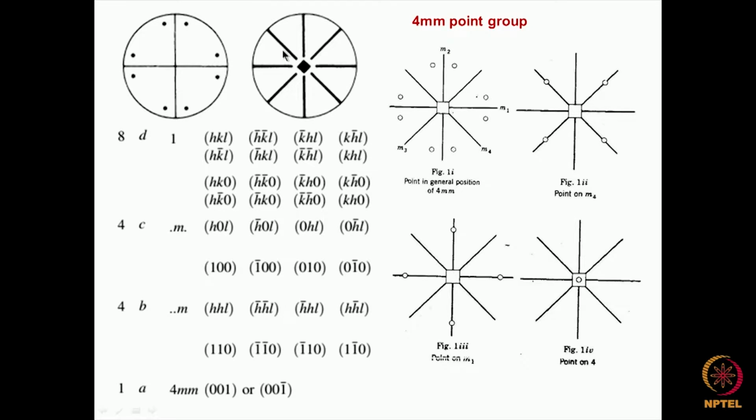So four-fold rotation is represented with a square which is at the center. The mirror is shown as a thick line. So this line represents mirror along y axis, this represents mirror along x axis. And when this has been done, in this direction as well as in this direction, another two additional mirrors have been created. That is exactly what is being shown.